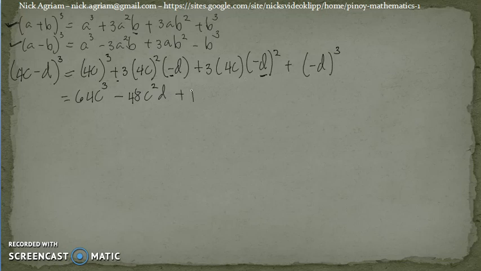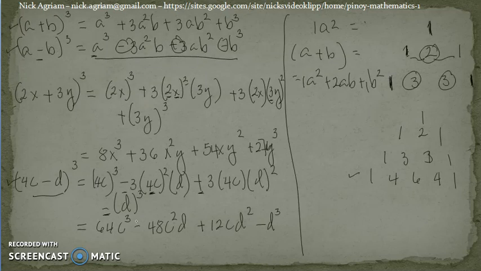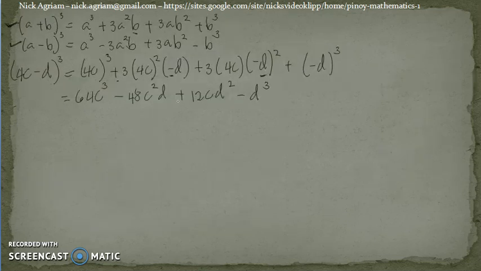That's why we have 12c d squared, and then the cube of negative d is always negative, so negative d cubed. If we compare what we have here, then we have the same answer, but this one is cleaner in a sense. So you can just memorize the first pattern, but you need to consider all the terms, then you get the same answer.